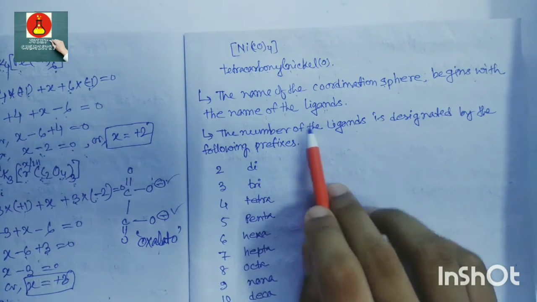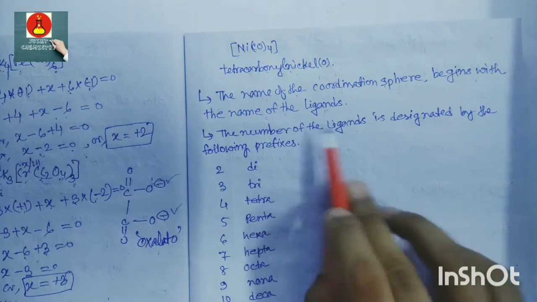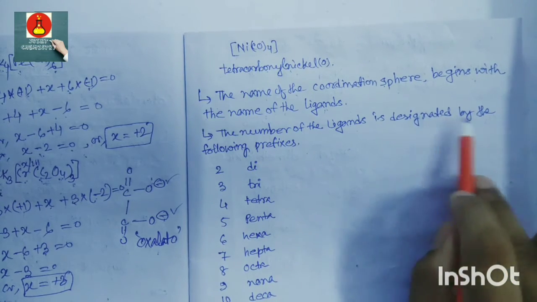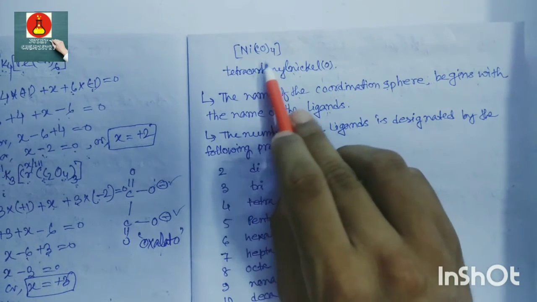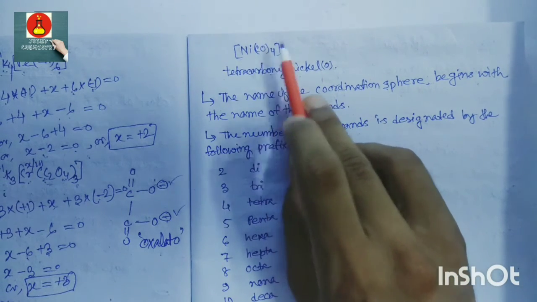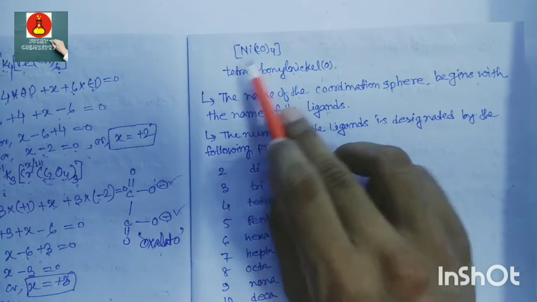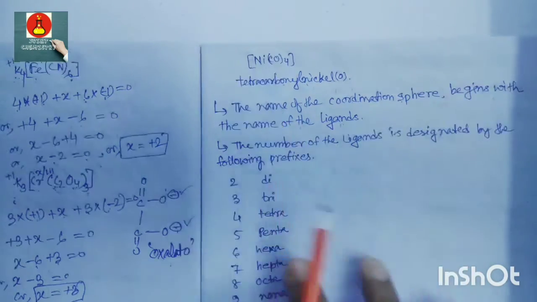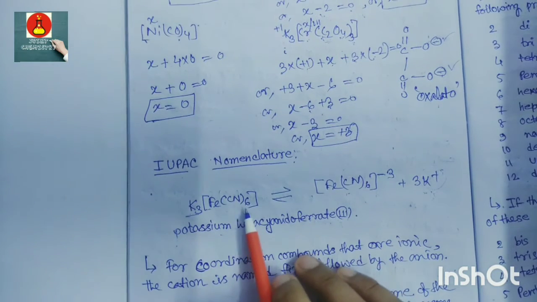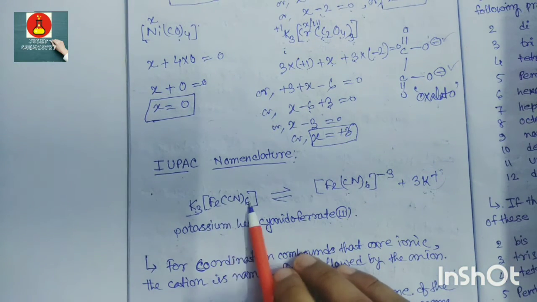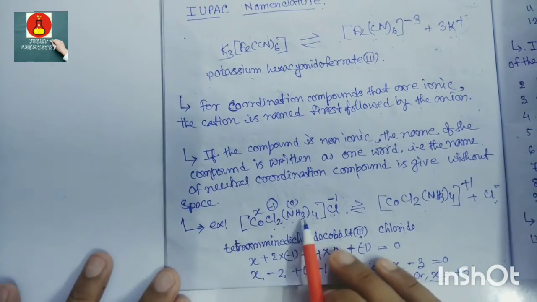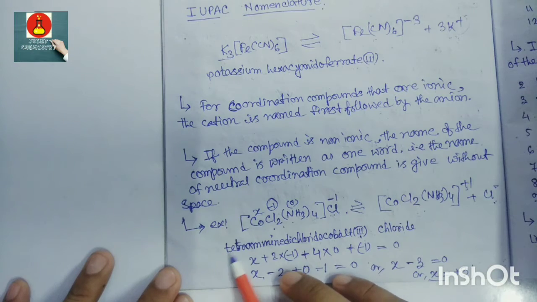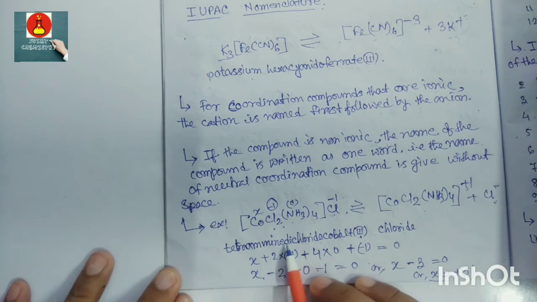Okay. Now the next rule is the number of the ligands is designated by the following prefixes. In this case there are 4 carbonyls, so the number is 4. So that's why they use this tetra prefix. In this case the number is 6, 6 cyanide ligands are there. That's why they use this hexa prefix. In this case there are 4 ammonia, that's why they use tetra, and 2 chlorine, that's why they use di.